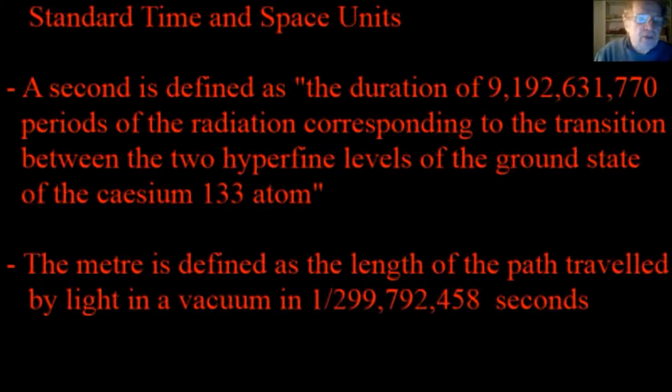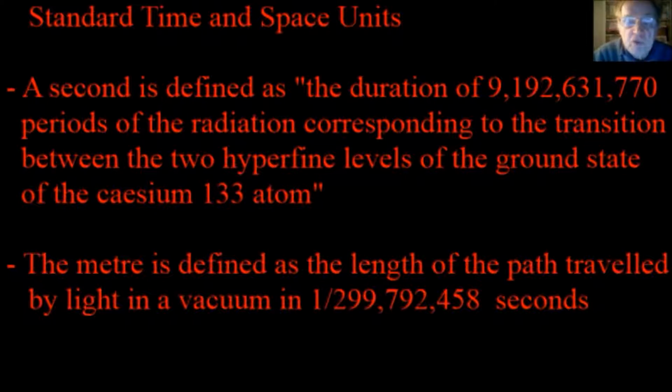I have no problem whatsoever with that definition. But now let's look at the definition of a meter. And I guess that's the British or the European spelling. The meter is defined as the length of the path traveled by light in a vacuum in 1 divided by 299,792,458 seconds. But that is defining the meter, or space interval, in terms of the speed of light.